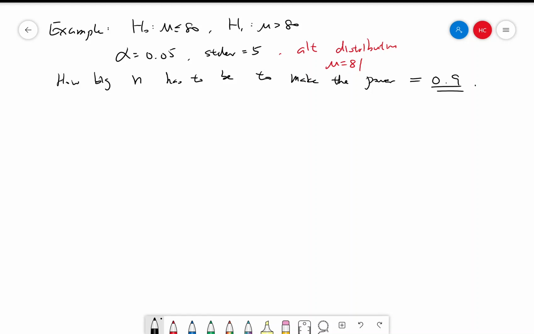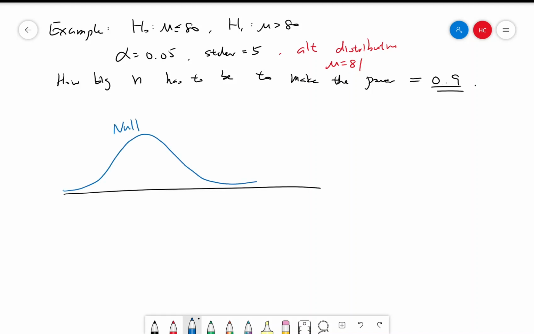All right, so let's draw the two distributions. We have the null distribution. The mean of the null distribution is 80. We don't know exactly what the standard deviation is because we don't know the sample size. So the variance is 5 squared over n, where n is unknown.